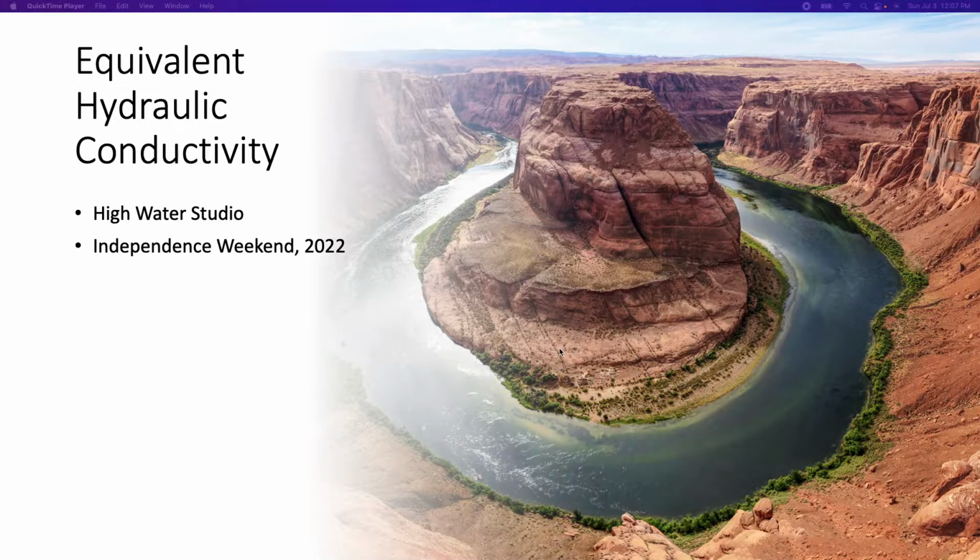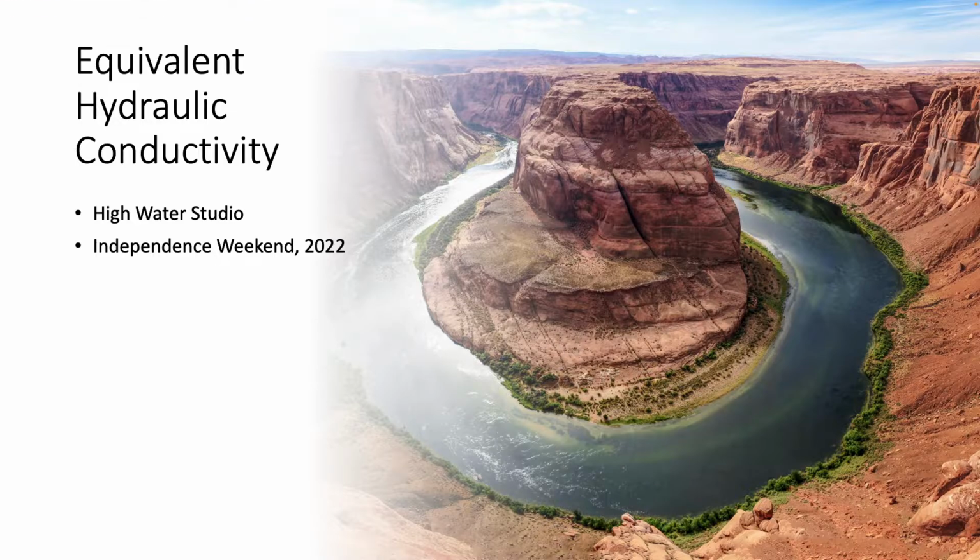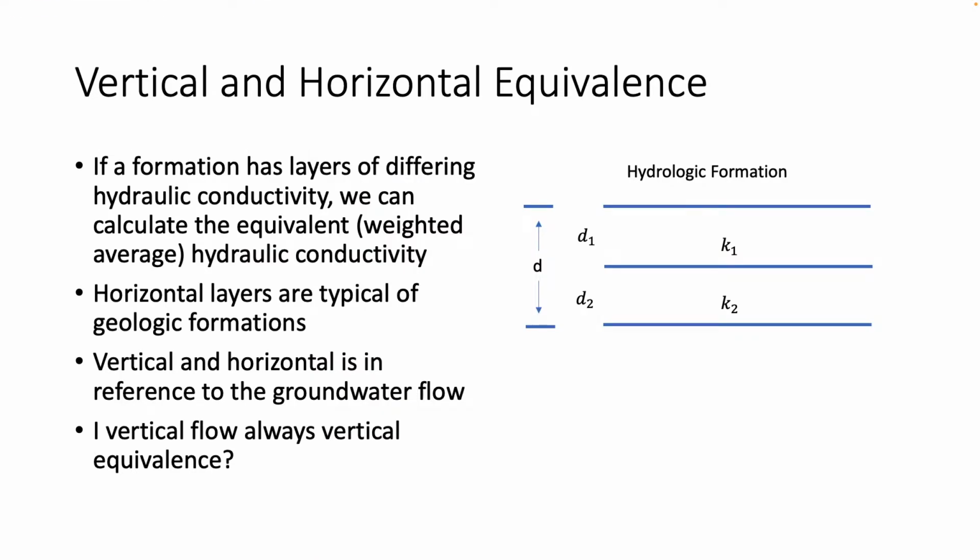Today we're going to be talking about equivalent hydraulic conductivity. And what that means is essentially when you have a hydraulic formation that's usually sandwiched between clay layers, confining layers, that typically we want to express that in some equivalence that basically simplifies things, right?